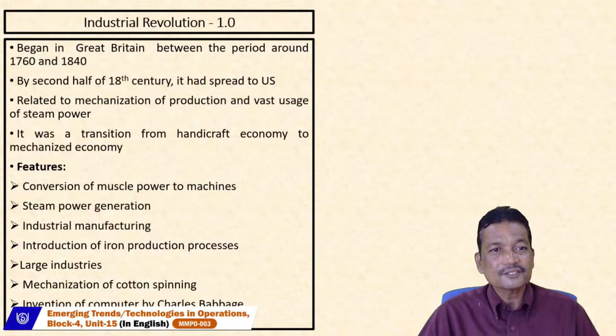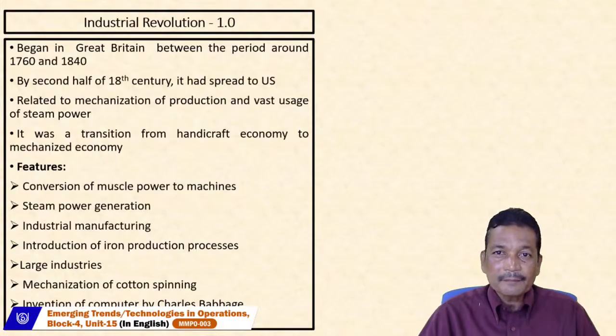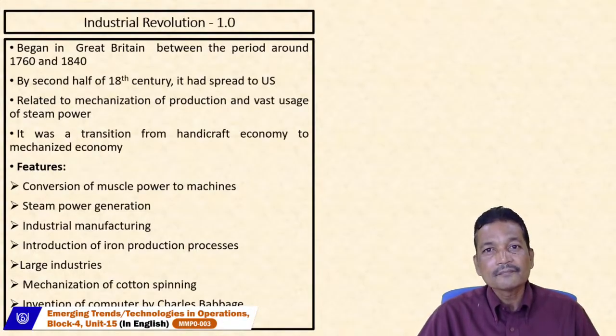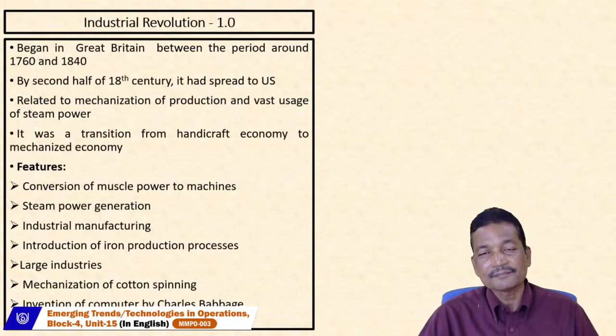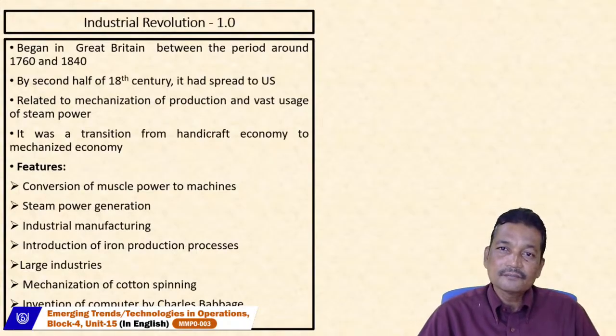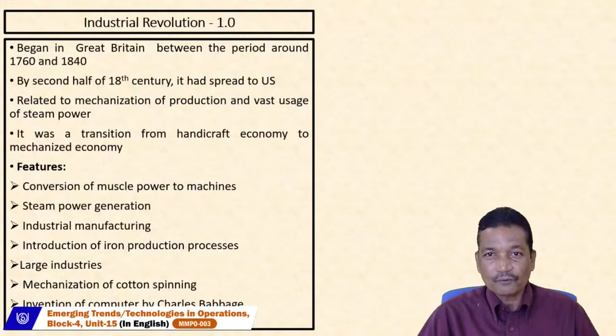So, this industrial revolution, by the second half of the 18th century, had spread to the United States. How? Many people from the European continent, mainly Great Britain, France, etc., were in search of the golden land of unknown that was America in those days. Later on, it became the United States of America.